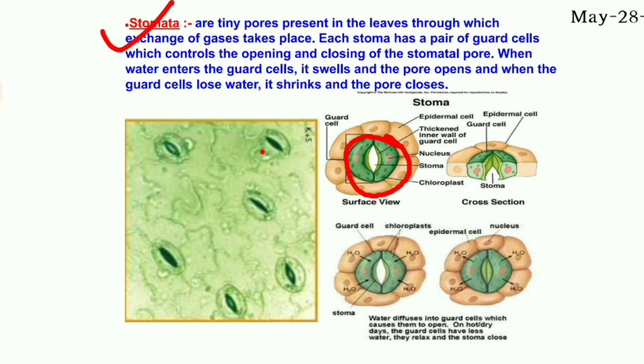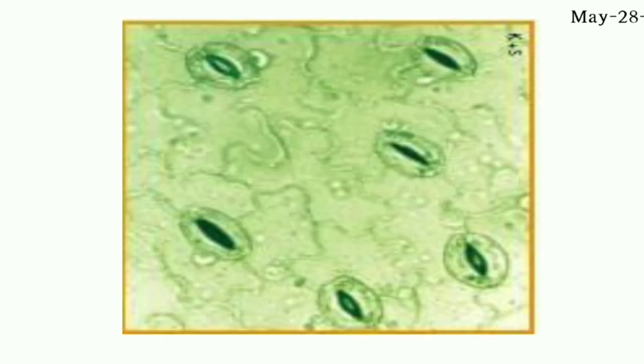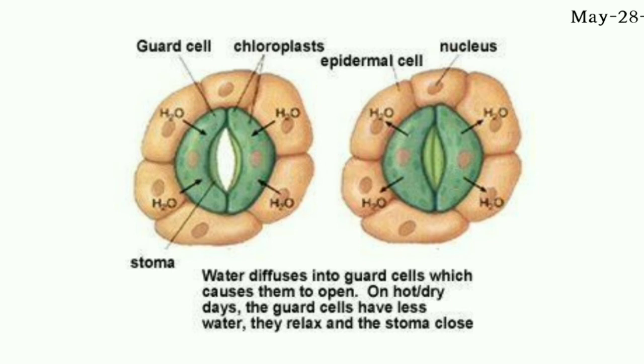And this is how the stomata works. This is the minute structure, the tiny structure of the stomata. We can see an open stomata. Let us see how these guard cells open and close.